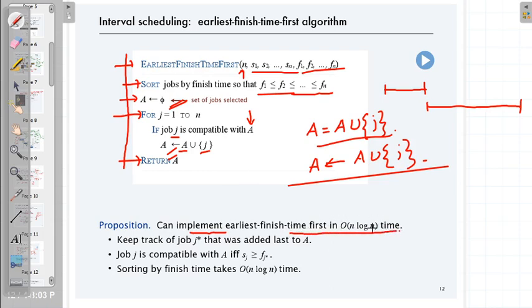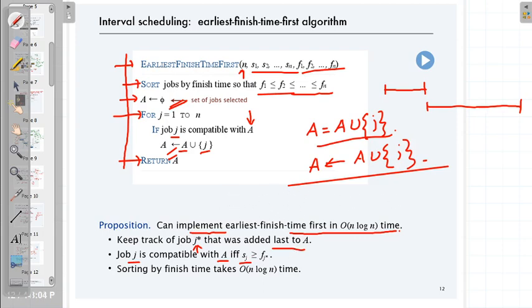We keep track of job J star that was added last to A. Job J is compatible with A if the start time of that job is greater than the finish time of the last job we selected.